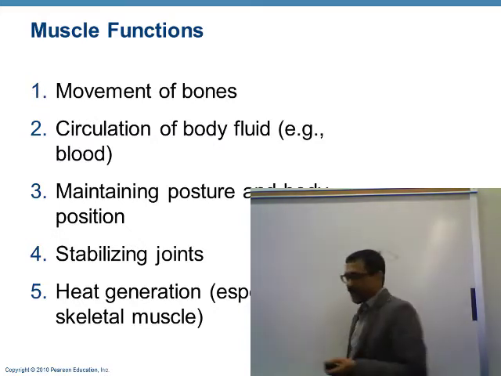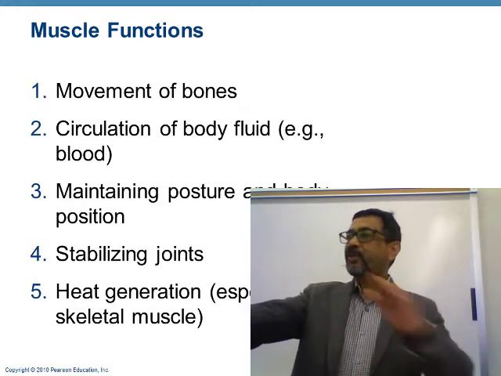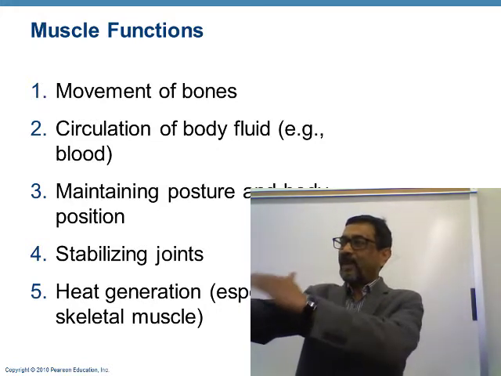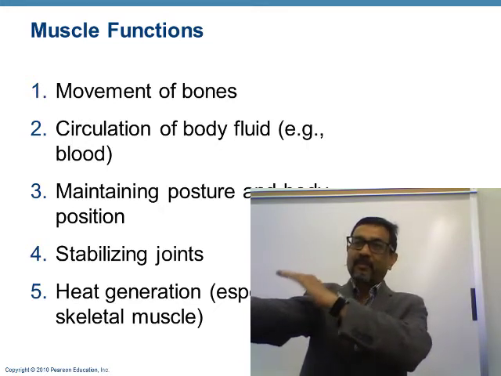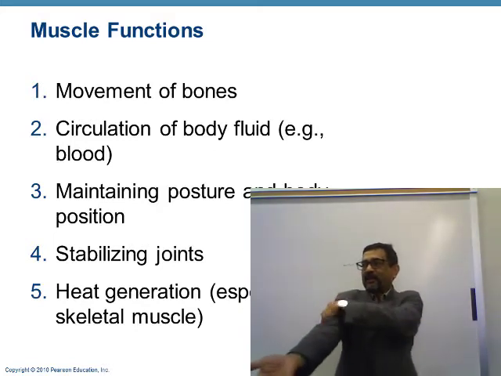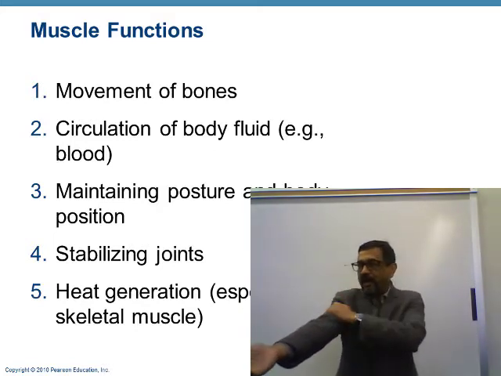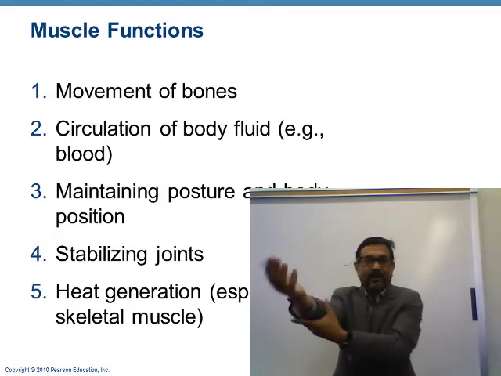Stabilizing joints. You know that muscles cross the joints, otherwise they won't be able to move the body parts. For example, look at me. The muscles that start in your arm cross the elbow, right? And get attached to the forearm.